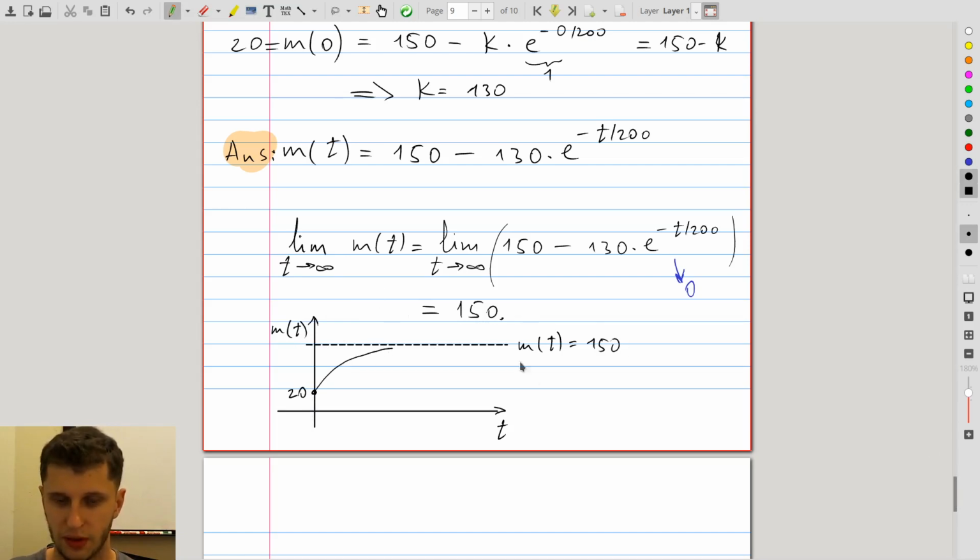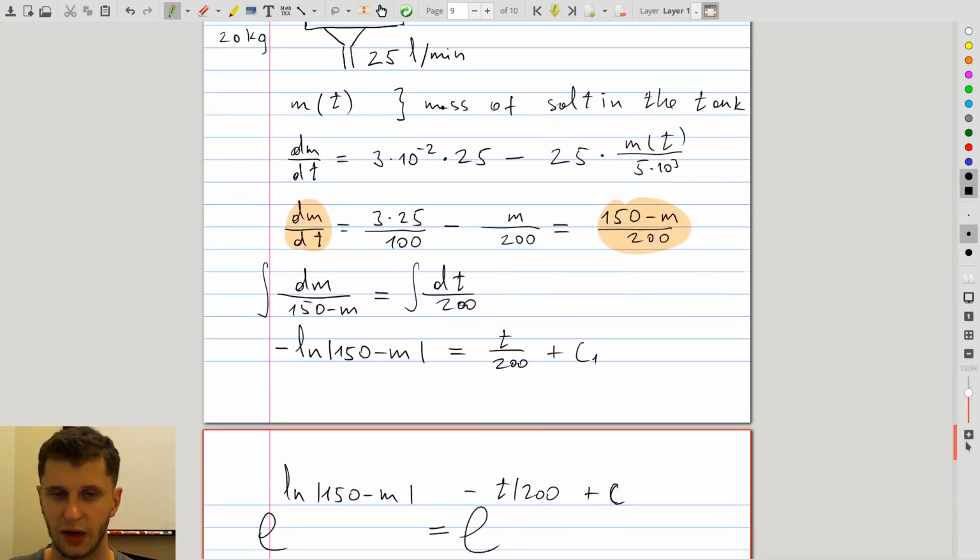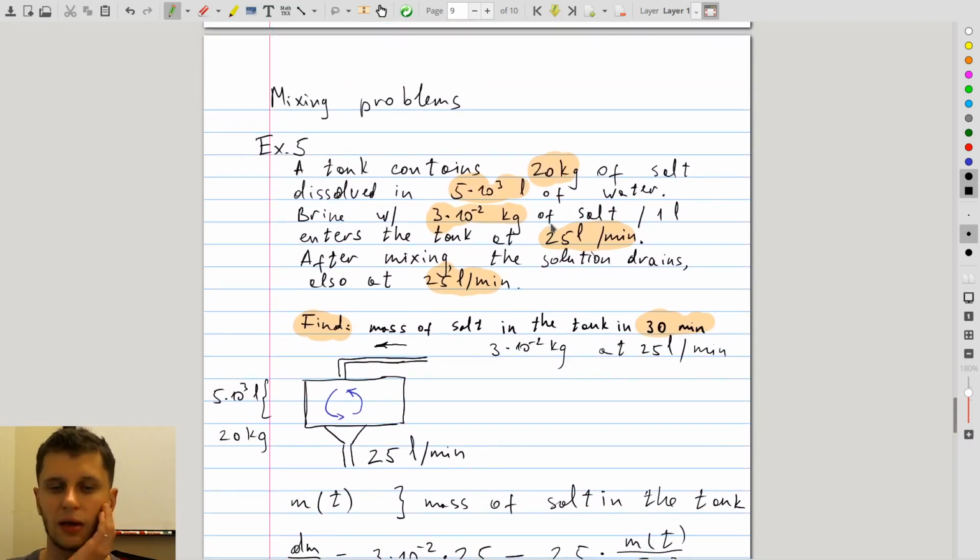Now, this picture and this quantity, this value here, 150, makes sense, in fact, because if we look back over here, we see that the brine has concentration of 3% of salt. So the mass of salt in the brine is 3% of its total mass. Now, what happens to this system after we let it run for a long time is that the solution in the tank is equalized in terms of its concentration with the brine, and effectively everything in this tank is precisely brine.